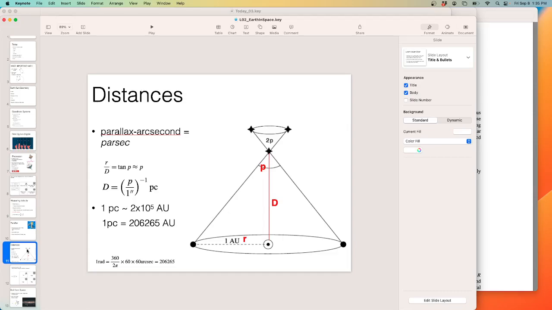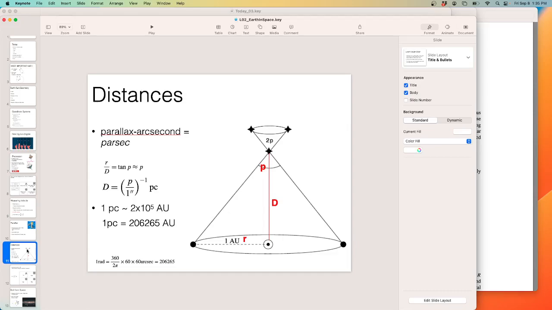So we need to get this in degrees. So D is r theta in radians, but we need to get this in degrees, so we're going to multiply by 180 over pi degrees times 60 arc minutes in a degree times 60 arc seconds in a minute.